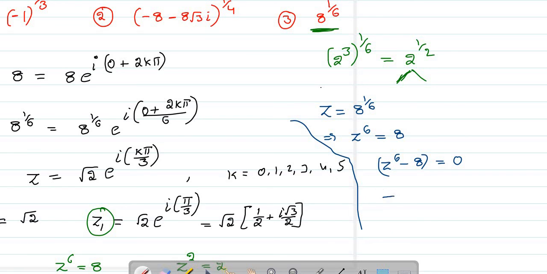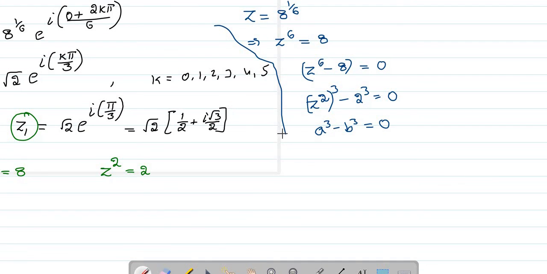Now I am going to write it as z square whole cube minus 2 cube equal to 0. Now you know the formula for a cube minus b cube. So it is in the form of a cube minus b cube. Now you can write it as a minus b into a square plus ab plus b square equal to 0.